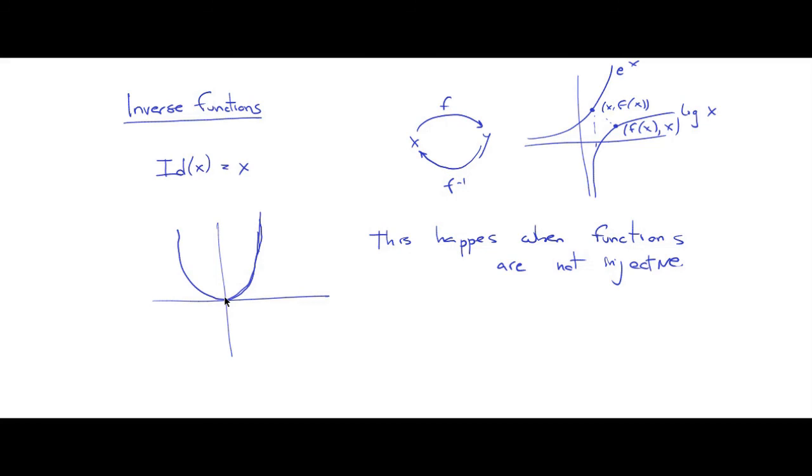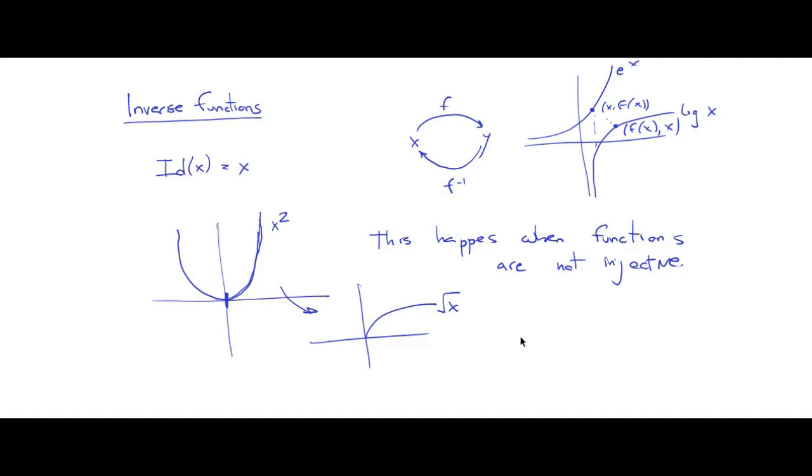For instance, for x squared, the typical case is to start from 0 and just consider the positive part, and then the inverse of that is the square root of x. But it only works for the positive half axis.